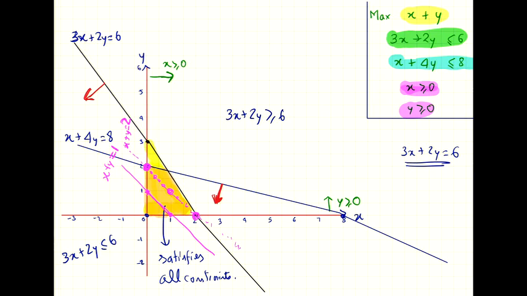Can you make slightly more? Well, it looks like you can, because it seems like you can shift this line further and still stay inside the feasible region. The best you can do is to look at this line here.